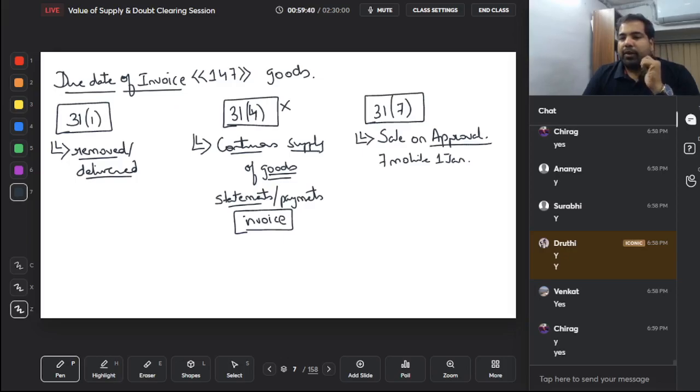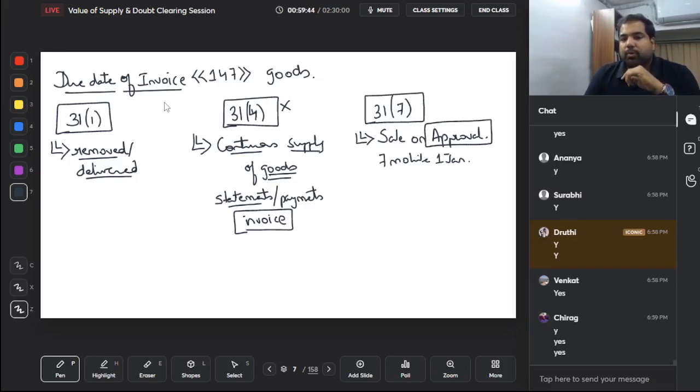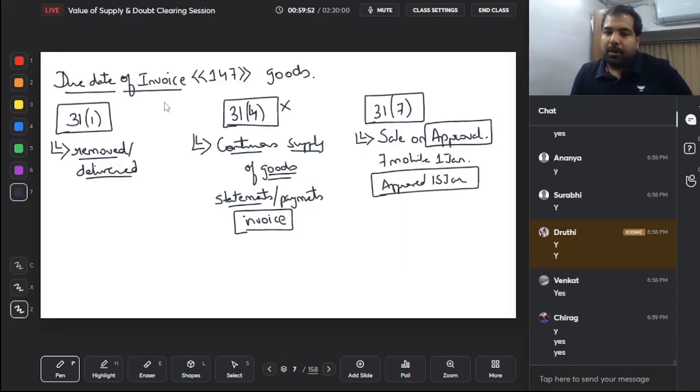Did you approve one? Yes. So whenever you approved, let's say you approved on the 15th Jan, that will be the due date by when the invoice should be issued. But what if you don't approve only? Then they will maximum wait for 6 months from 1st Jan and then they have to issue the invoice by then.